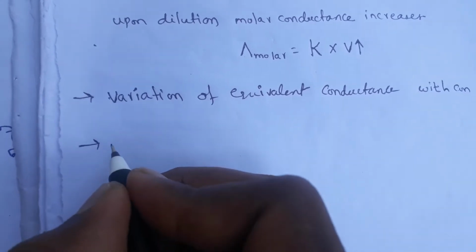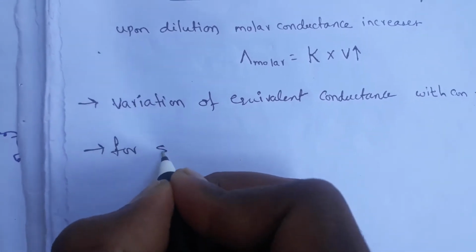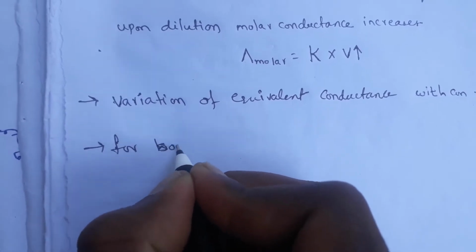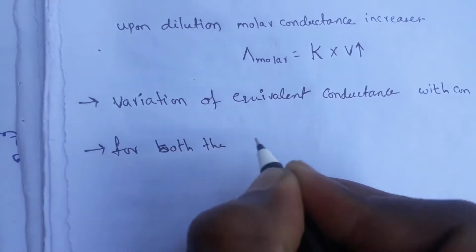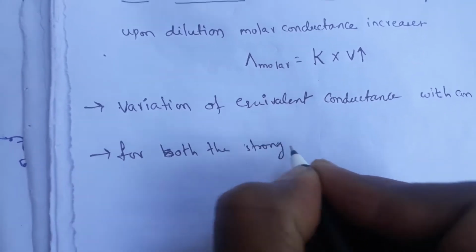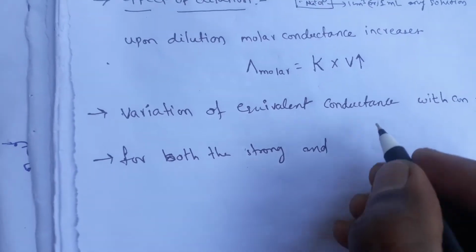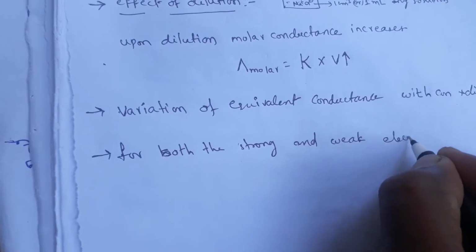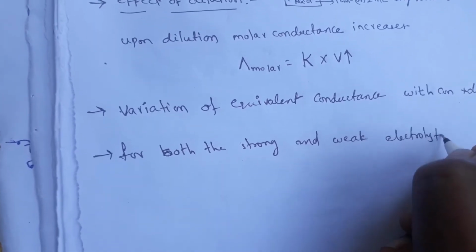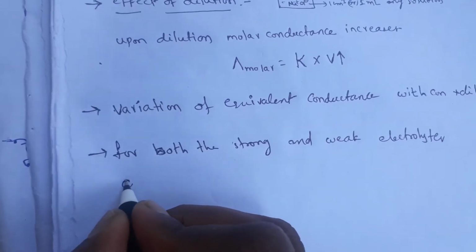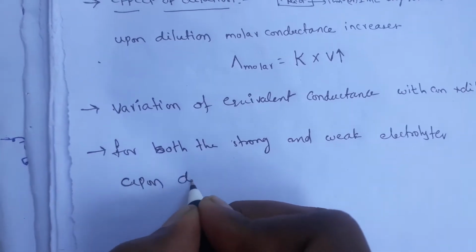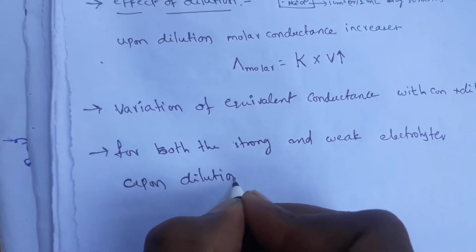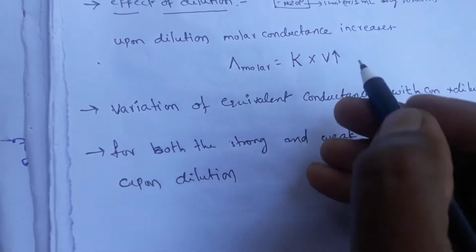So for both strong and weak electrolytes, upon dilution, what about the volume?